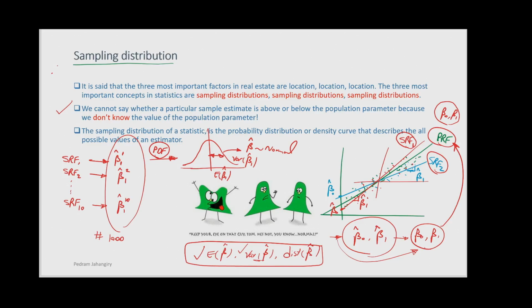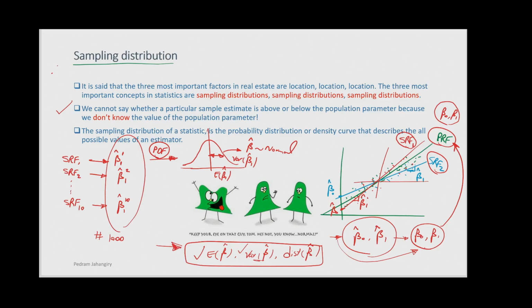We're going to explore all these things down the road, but this is basically a big picture preview of why we need to make those assumptions. Because without the Gauss Markov assumptions that we're going to make down the road, we cannot say anything about the expected value of beta hat, the variance of beta hat, and the distribution of beta hat. Why do I care about the distribution of beta hat?